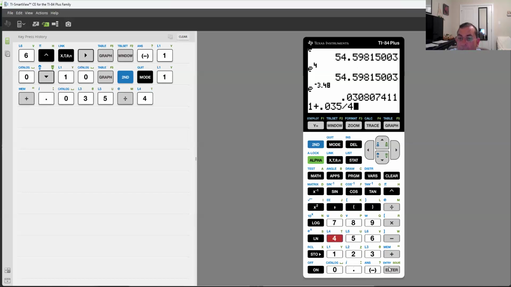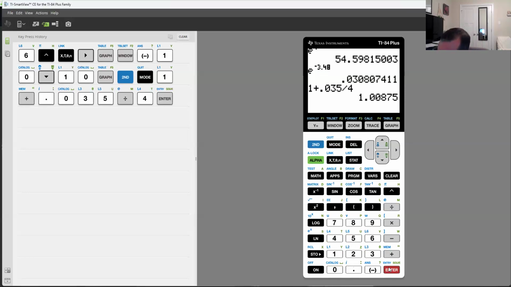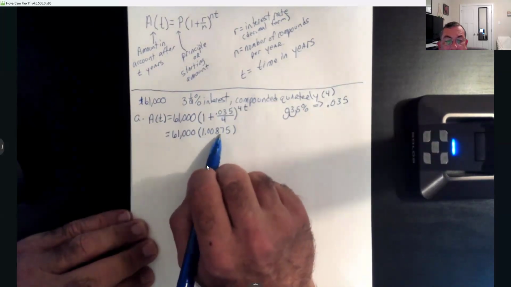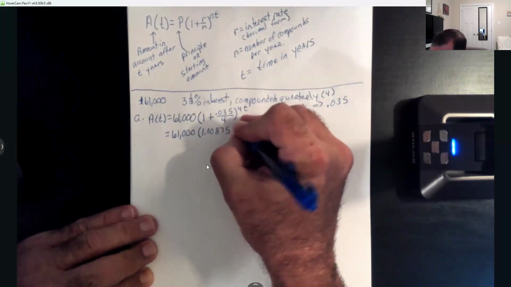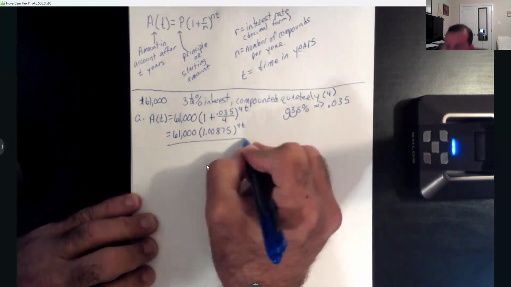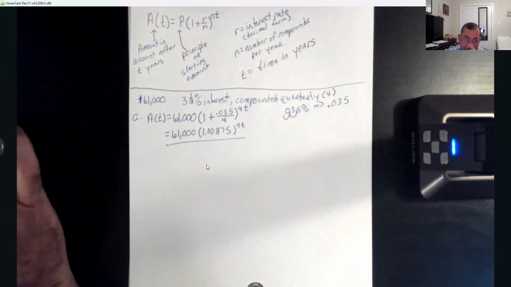So I'm going to hit enter. And that equals 1.00875. So y'all, to get this right in MathLab, we have to simplify this part inside the parentheses to this, and then bring down my 4t. This is now what MathLab wants, okay?